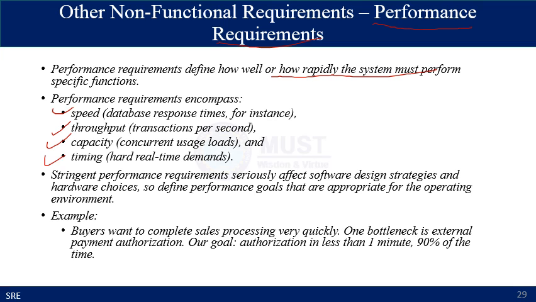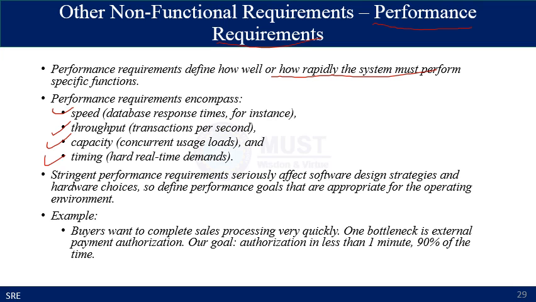If you have very stringent performance requirements, it will seriously affect software design strategies and hardware choices. So you have to define the performance goals that are appropriate for the operating environment. For example, a performance requirement can say that buyers want to complete sales processing very quickly, and one bottleneck is external payment authorization.